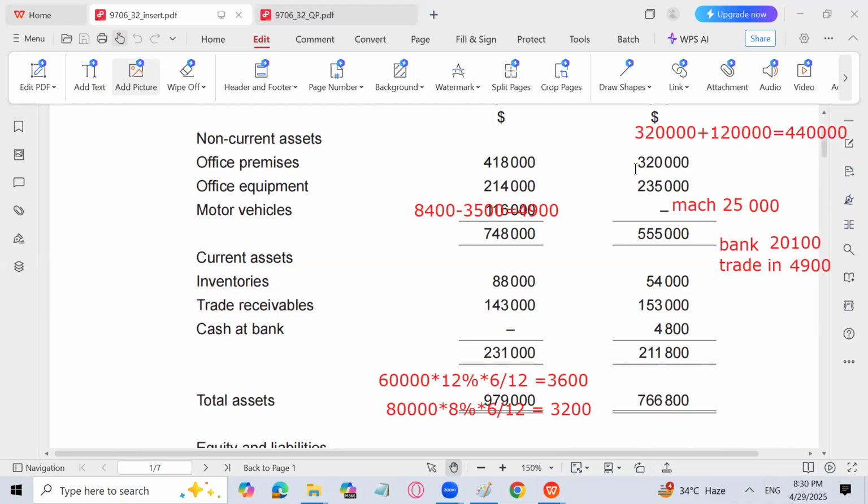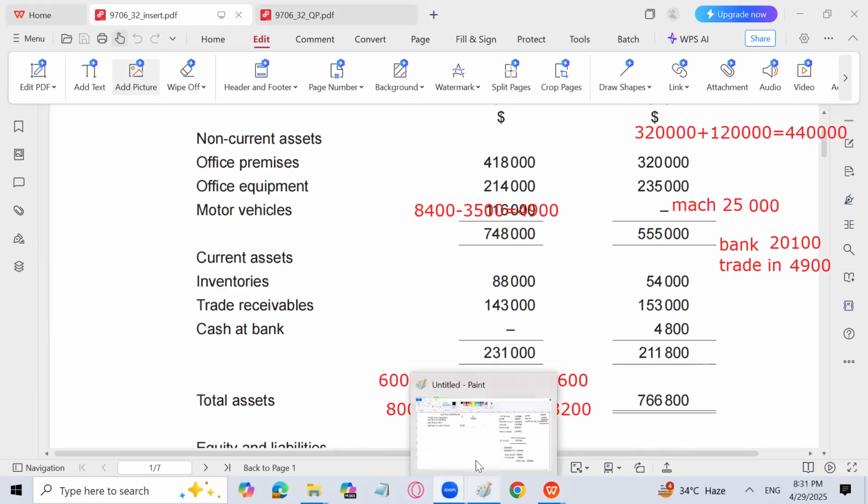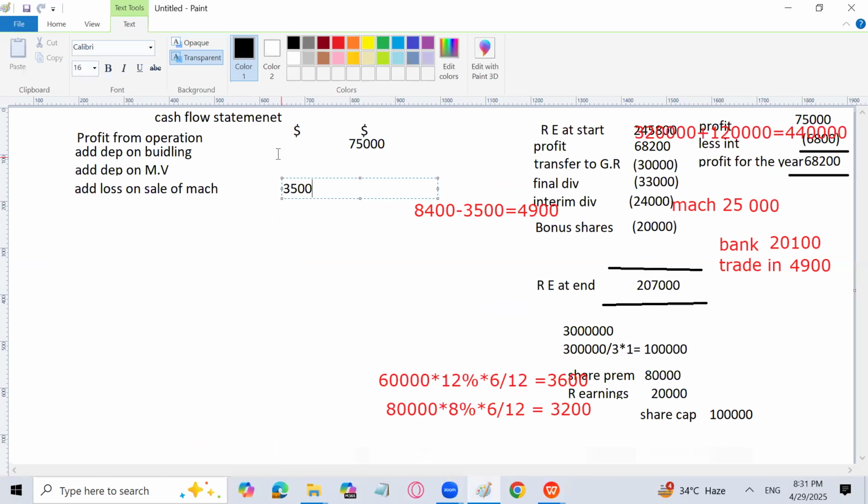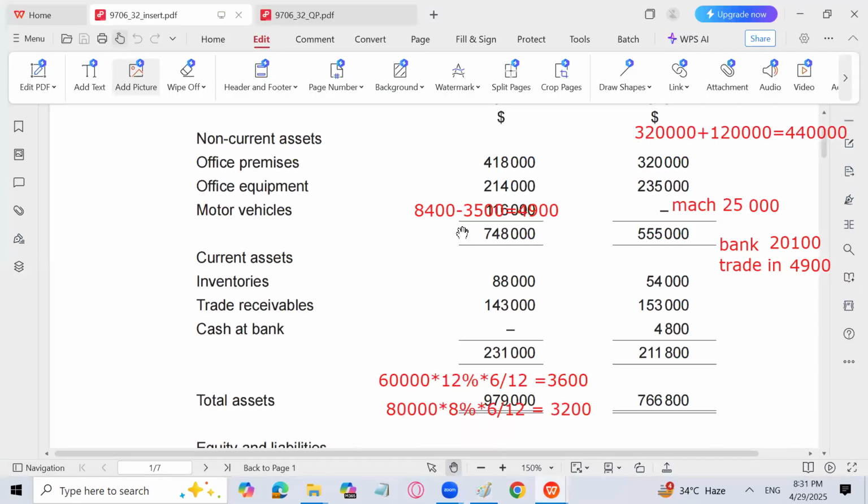But the value given for office premises at the end of the year is 4,18,000. So what is the difference? That is the depreciation. So depreciation on building is 4,40,000 minus 4,18,000, that is 22,000. So depreciation on building which will be added is 22,000, because the ending figure is not the same. It is clearly stated that the premises has been revalued, so it becomes 4,40,000, but because 4,18,000 is given, it means it has been depreciated.